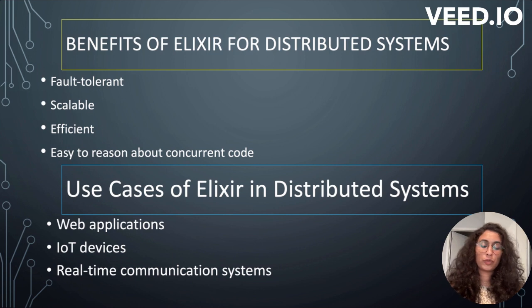The very common example I can give is cryptocurrency, where you need to see real-time data, or in a trading market, where you need to see the current rate moving up and down. It needs to be very quick and it should be in real time. So in those applications, an Elixir distributed system can be implemented, and it's very helpful.